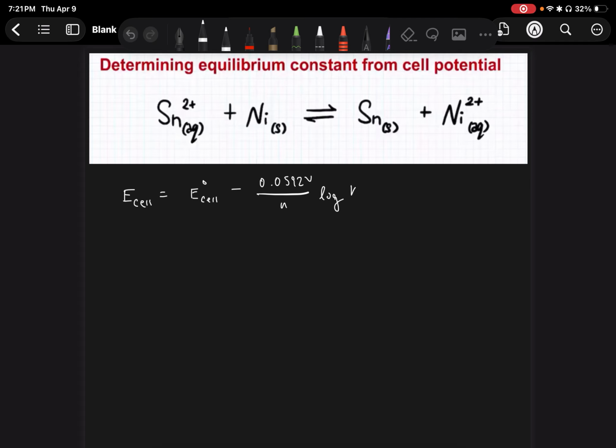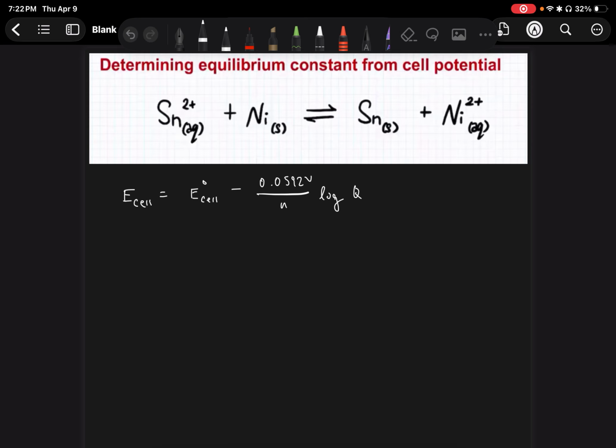Log Q. Okay, so from what I understand, the first step is to separate these into two half reactions, then find out what the E_A and E_C are, find out the standard of whatever they are, and then from there, I'm low-key already lost. Okay, determine the equilibrium constant for that.